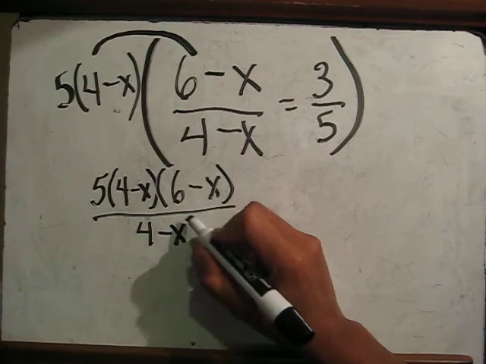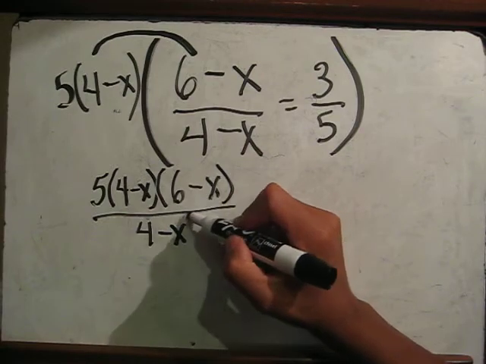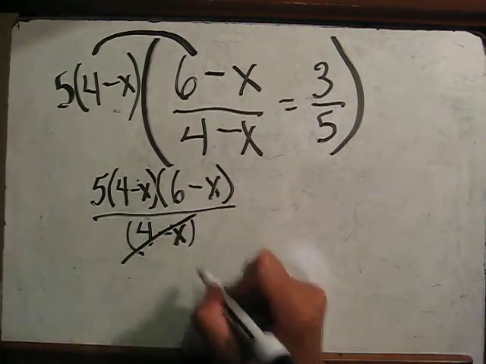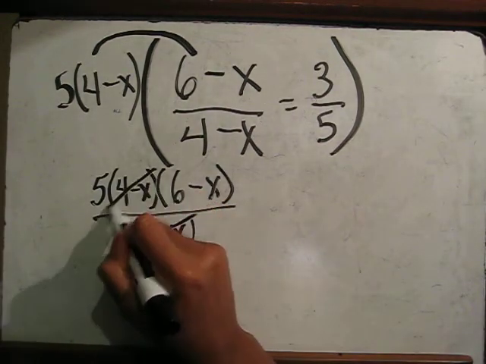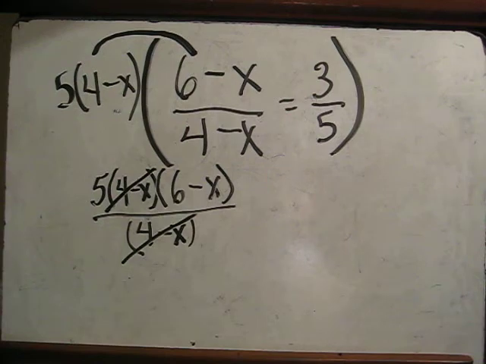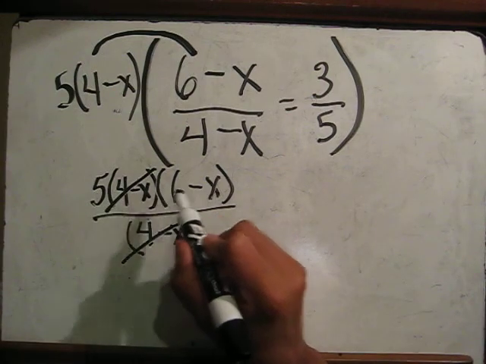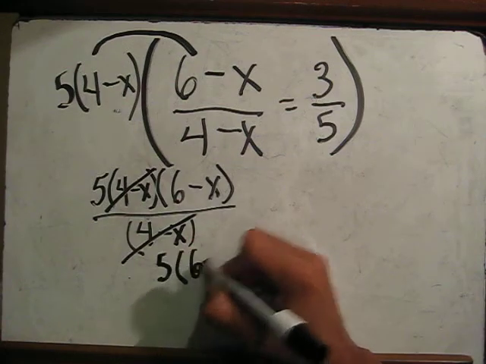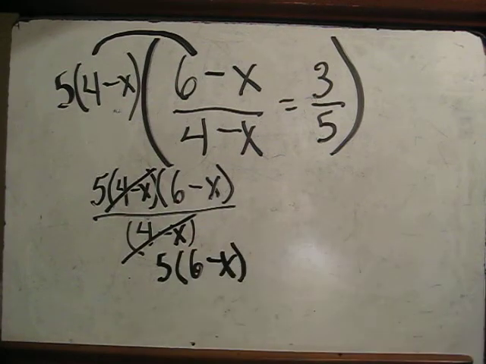Now this isn't in parentheses, but let's just say I did put in parentheses. It looks just like this guy, so we can actually cancel out this 4 minus x and this 4 minus x, and we are left with 5 times 6 minus x. Okay, I'll bring that down.